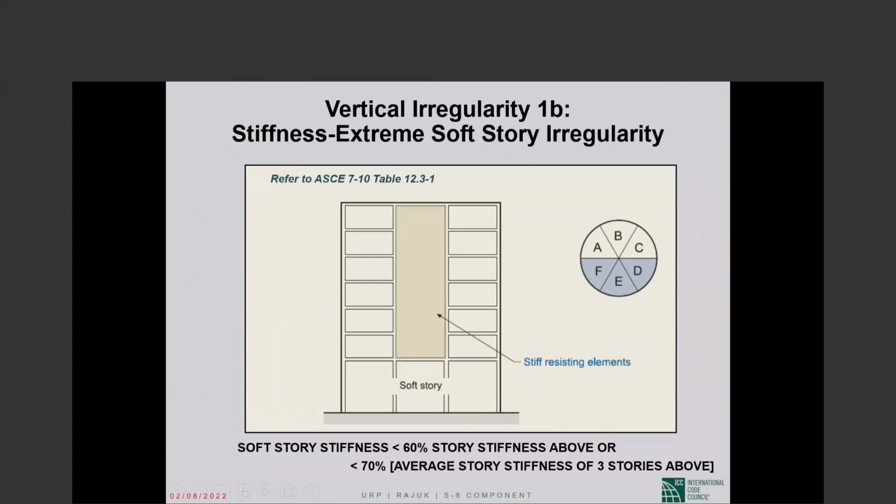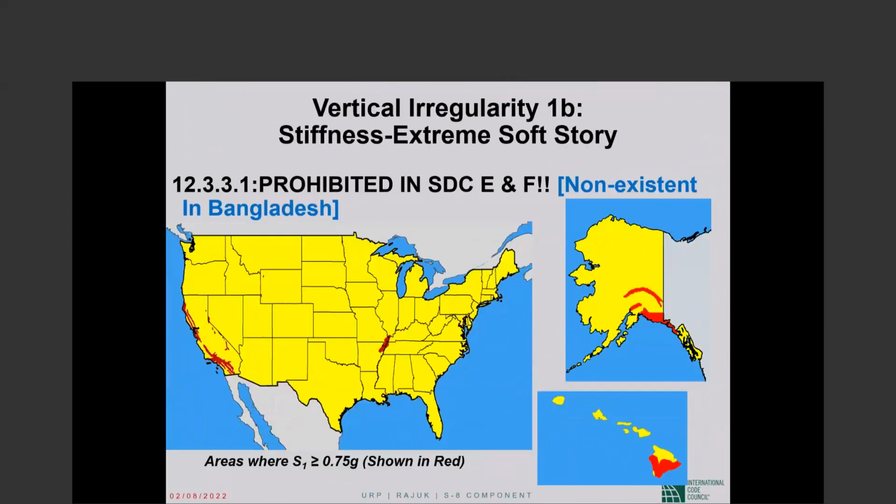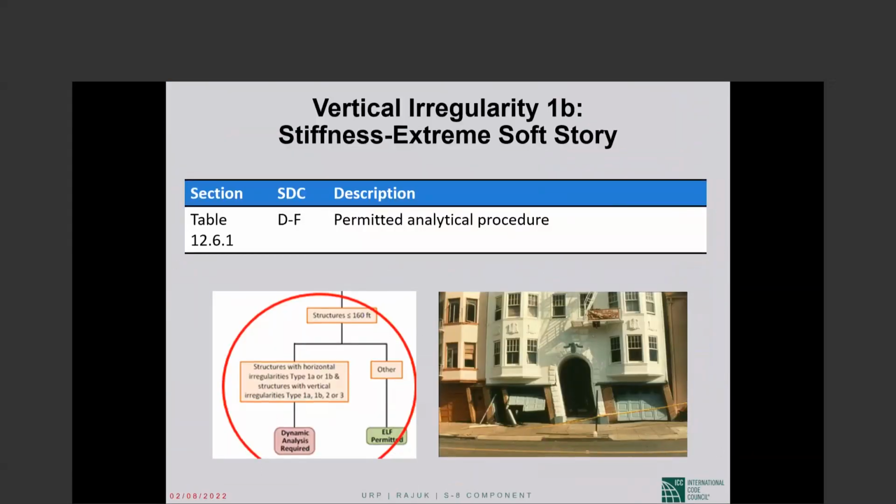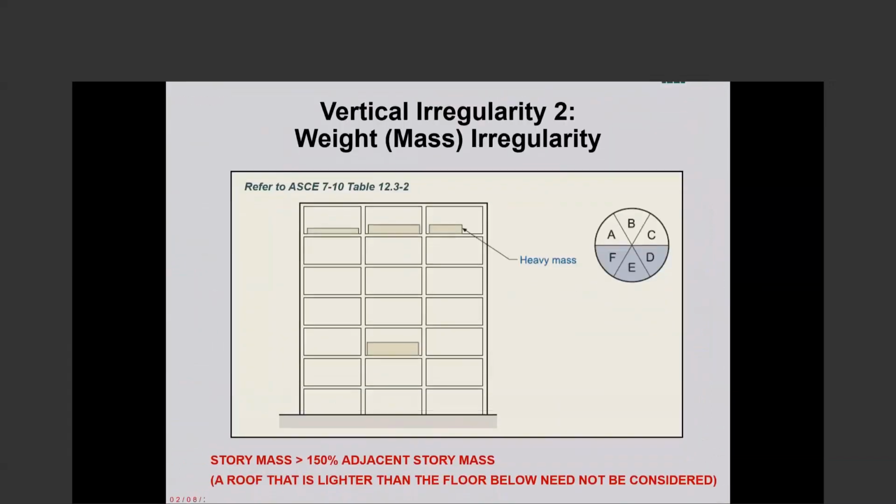Extreme soft story. Story stiffness lower than 60% rather than 70% of the story stiffness above, or this is not and, or 70% rather than 80% of average story stiffness of 3 stories above. This irregularity, extreme soft story, is prohibited. Design categories E and F, obviously you are not bothered by that. Also, the other thing is the permitted analytical procedure. You have to do dynamic analysis. Nothing else is triggered.